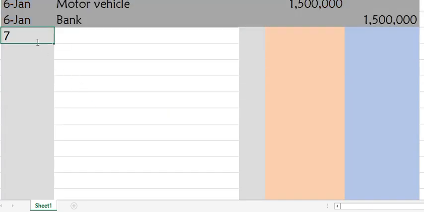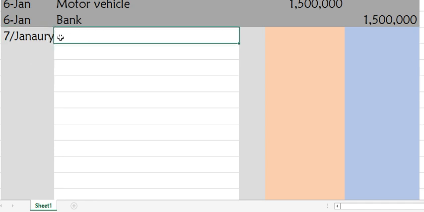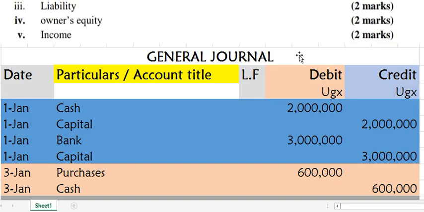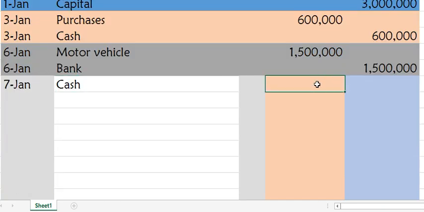So on 7th January, cash has increased. Cash has increased by how much? By 300,000, because the sale is by cash.